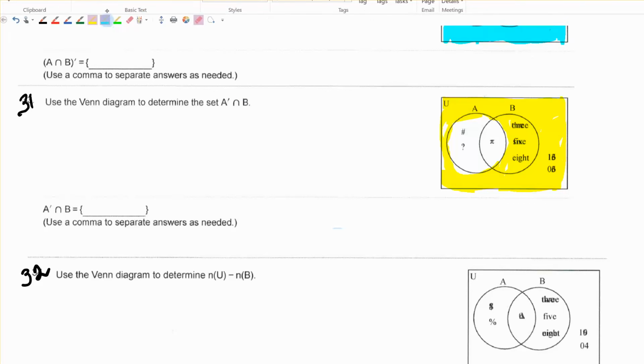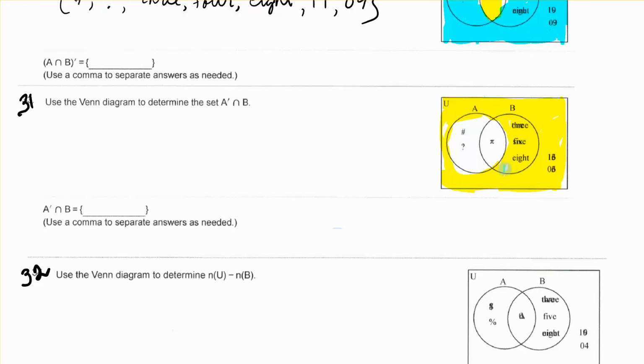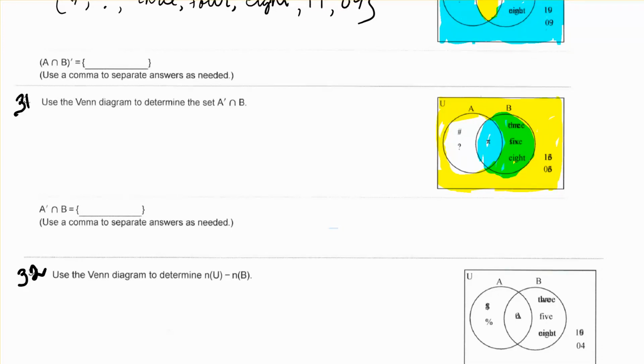So I'll use a different color. B is all of this. The intersection is the overlap, the part that got colored twice, and so it is the part that has turned green.